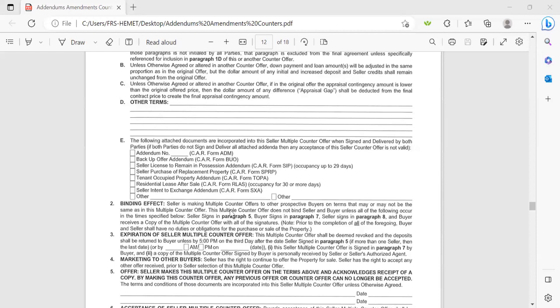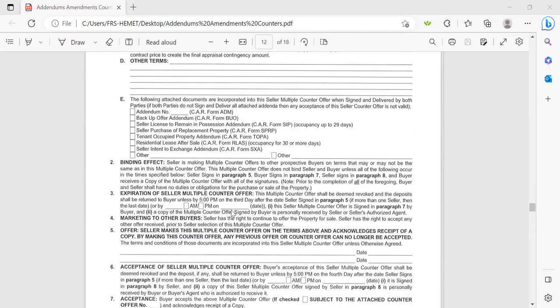I'm getting ahead of myself because I've read the contract so many times, I guess. And the multiple counter offer does not bind seller and buyer unless all of the following occur. And of course, it's going to be, they sign this, they sign that, everybody signs everything. And then we actually have an executed offer because everybody signed and accepted whatever the offers were.